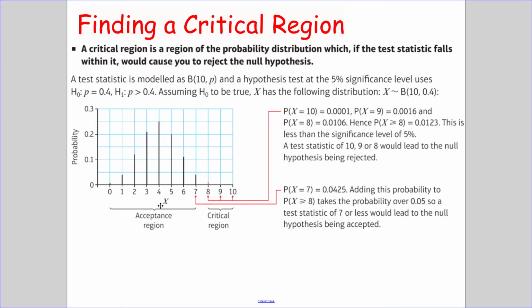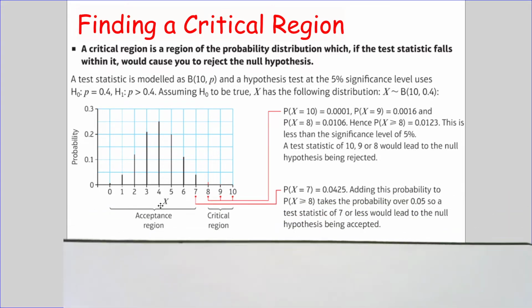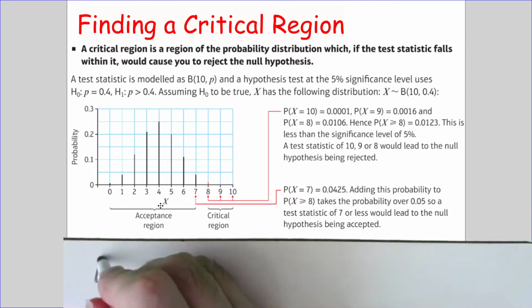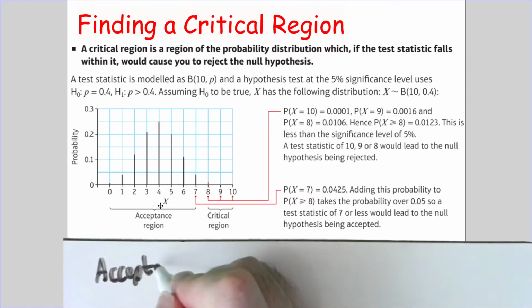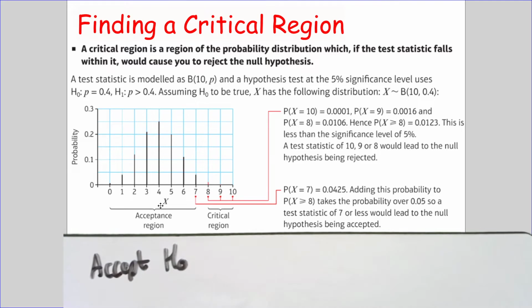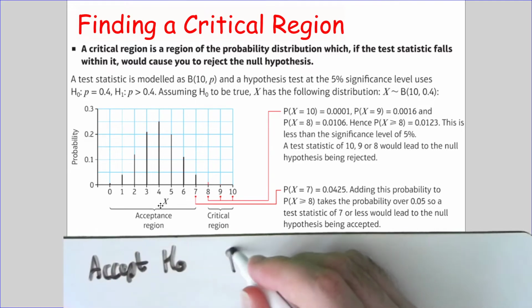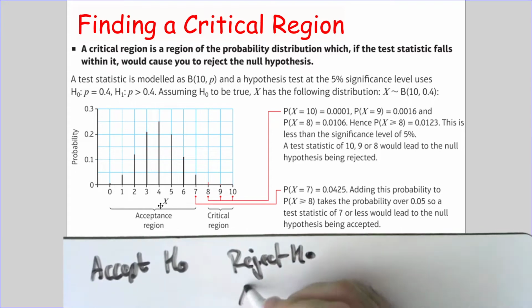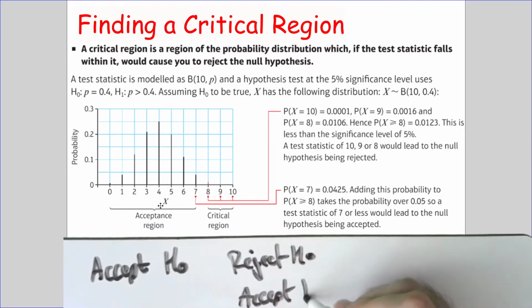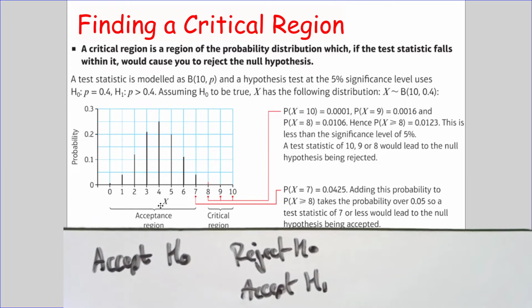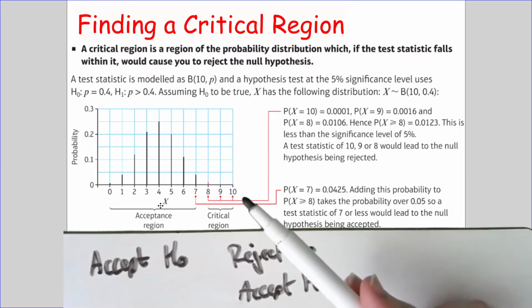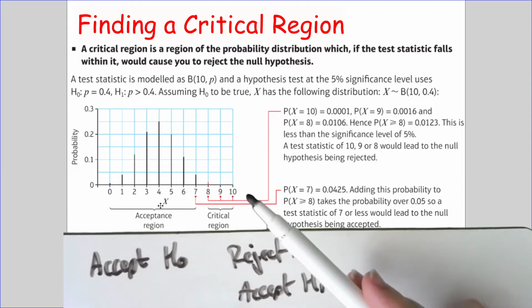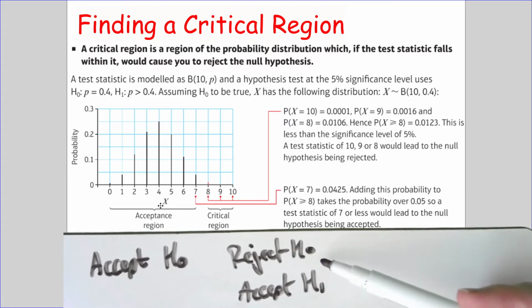So this here, the acceptance region, is to accept H0. This region here, the critical region, is to reject H0 and accept H1. Because the chance of this happening, if H0 is true, is so tiny, we don't believe H0 was actually a true hypothesis, and we'd rather accept H1 in its place.